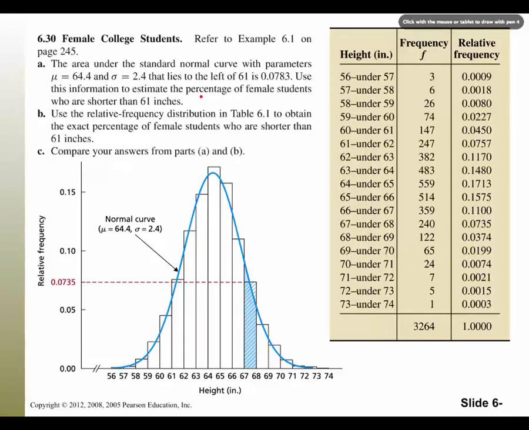So first of all, what does this mean? To the left of 61. What does that mean in terms of the female college students? In terms of the college students that were surveyed here, what do we mean when we say to the left of 61?